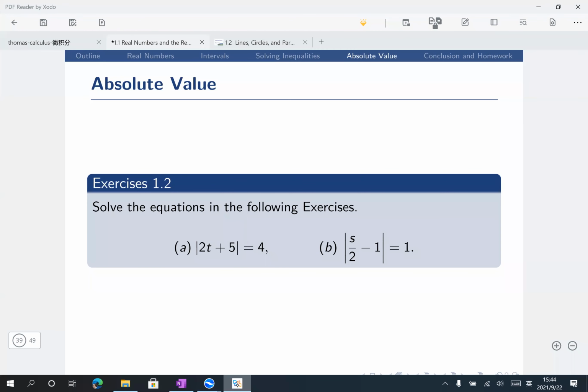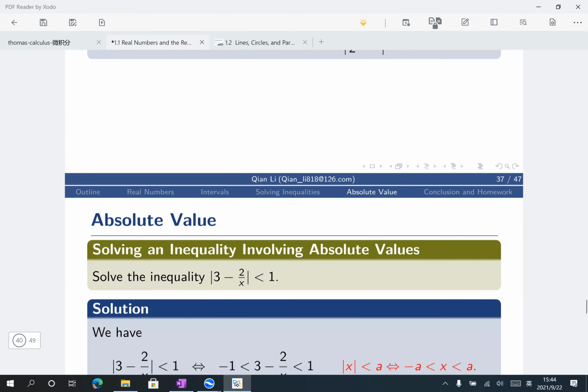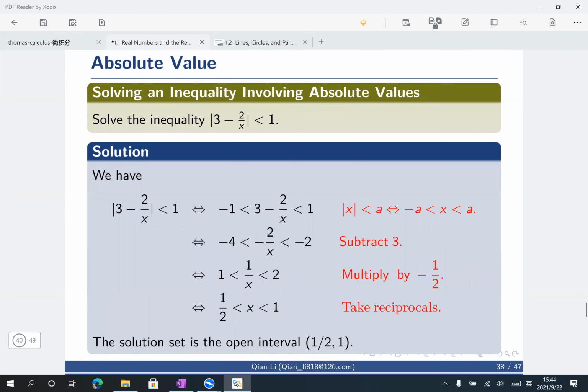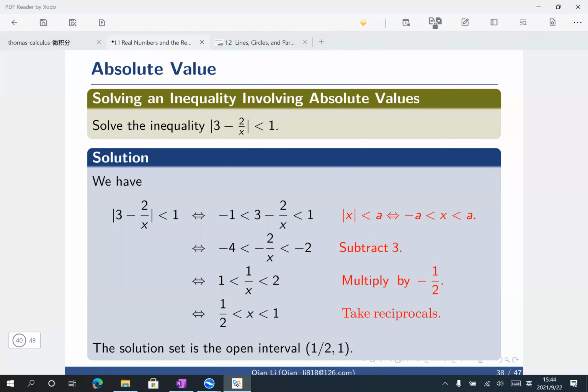And then we study how to solve absolute value inequalities. This is an inequality about the absolute value.